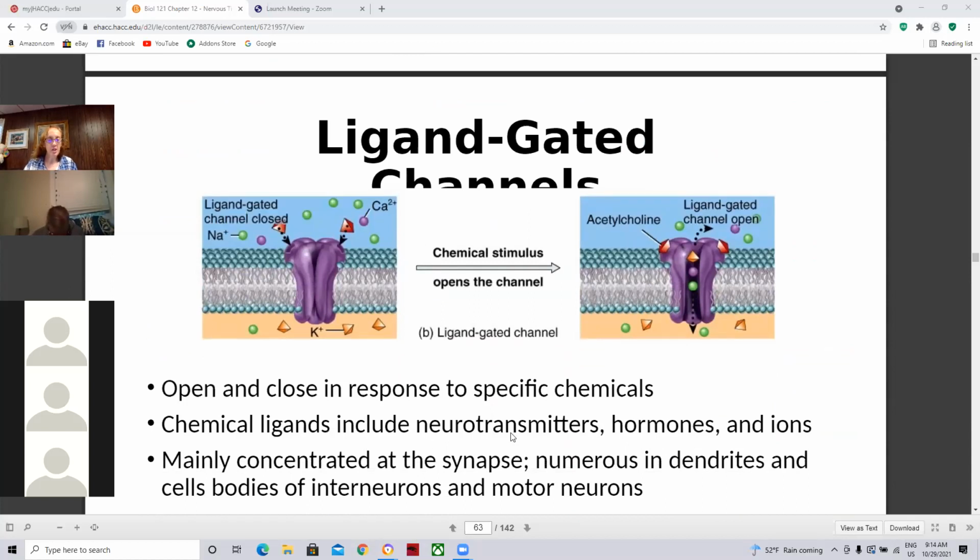So ligand-gated channels are going to open in response to specific chemicals. Chemical ligands include neurotransmitters, hormones, and ions. They're mainly concentrated at the synapse. There are numerous ones in the dendrites and the cell bodies of interneurons and motor neurons.